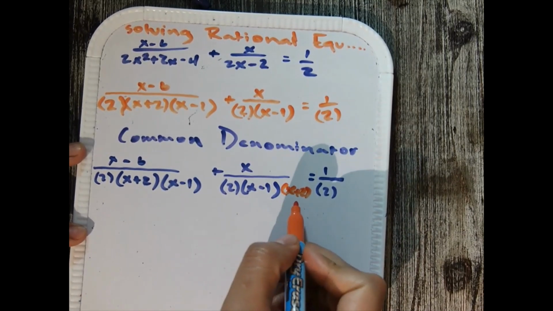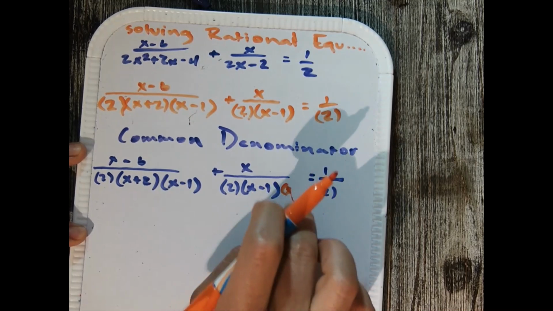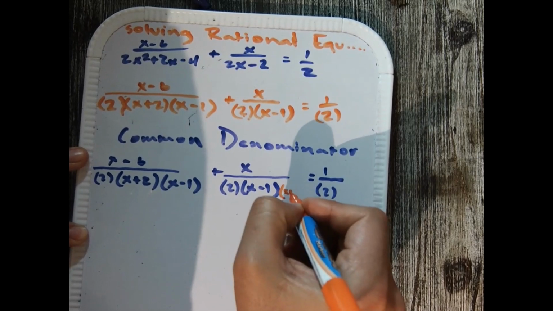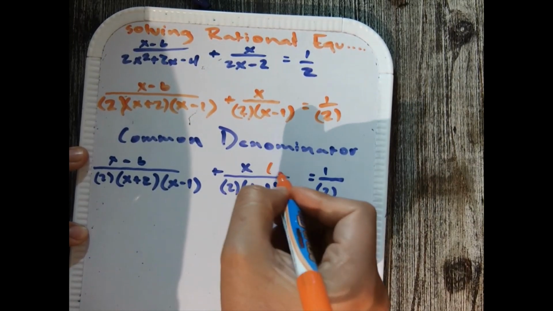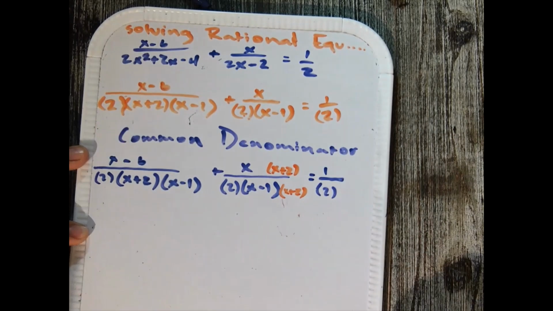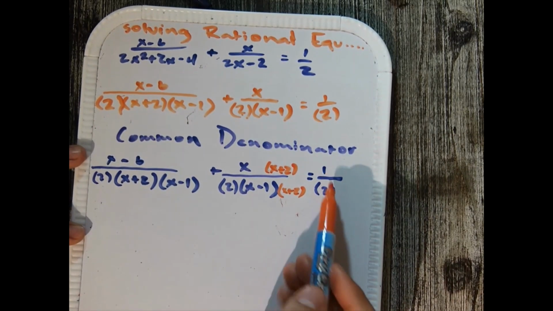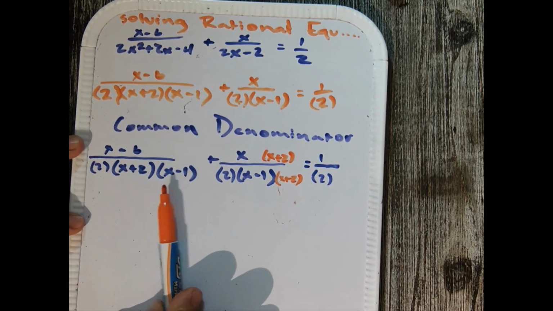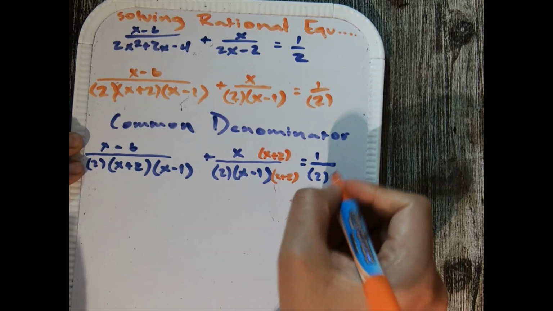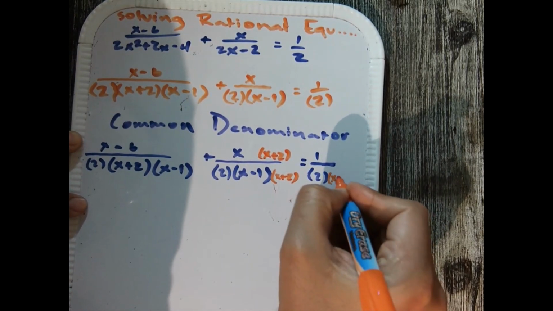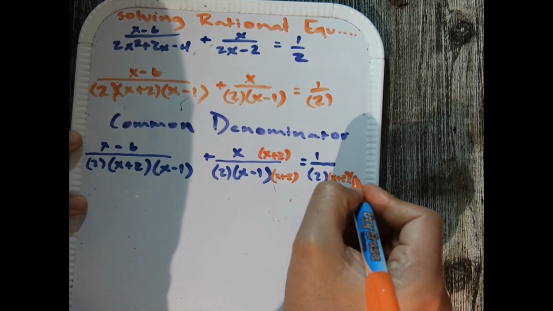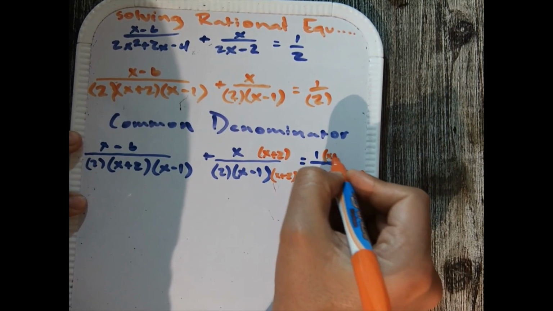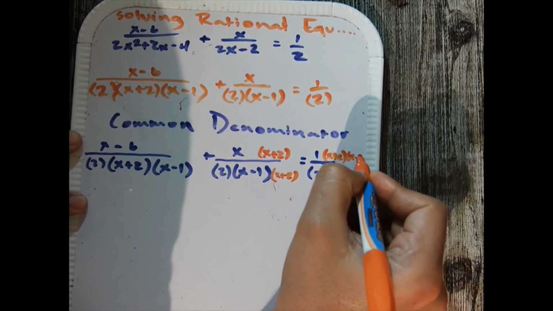And remember, whatever I multiply by on the bottom, I also have to multiply on the top. So I'm missing the x plus 2, and I have to multiply on the top by x plus 2. The last one is missing from the lead denominator the x plus 2 times x minus 1. It already has a 2.